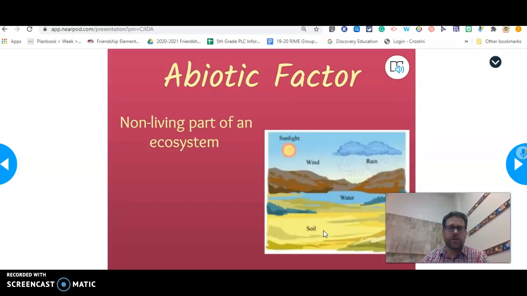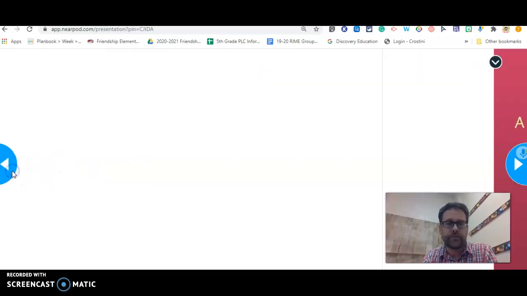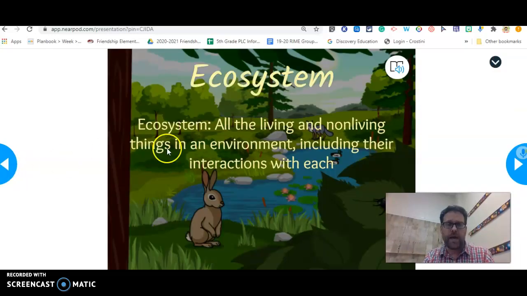So if we were to go back and take a look at our ecosystem, and we were to say, okay, I know that I have all the biotic factors and the abiotic factors and how they interact. So let's take our rabbit here. I wonder what he's about to do. He's probably going to eat some of this grass.